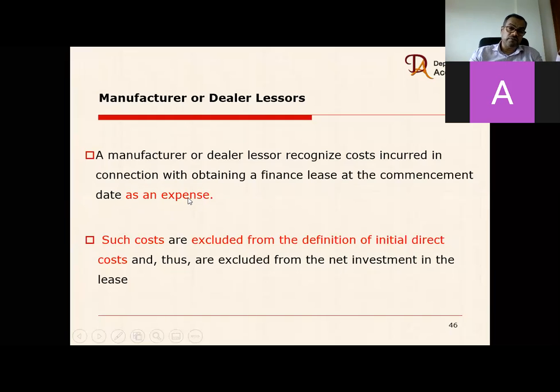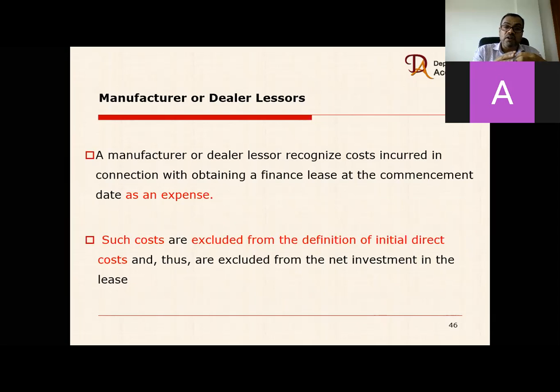But in the case of a pure lessor or the finance provider, any direct costs incurred in making the lease agreement are required to be recognized as an expense over the lease term. But in the case of a manufacturer, any expense links with the sale. That is why in that particular sale, we recognize the profit. So therefore, it is logical.